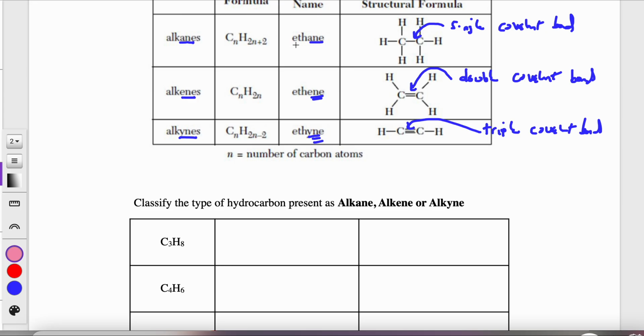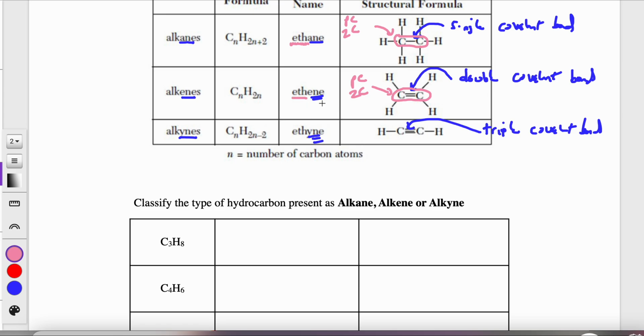But the eth part, okay, everything in an organic name will tell us something about the structure, because this carbon chain, this parent chain, PC, contains 2 carbons. Notice in the next molecule, the parent chain, which I'm circling, also is made up of 2 carbons.